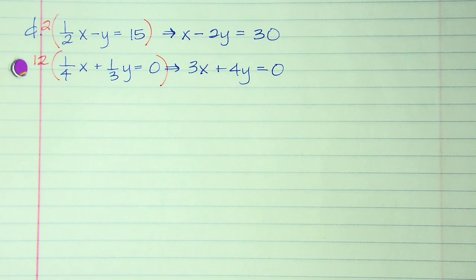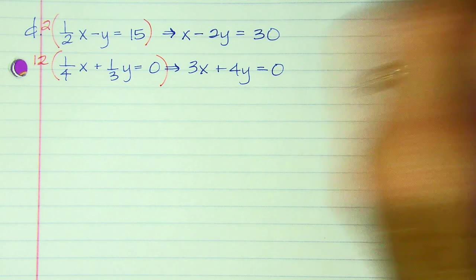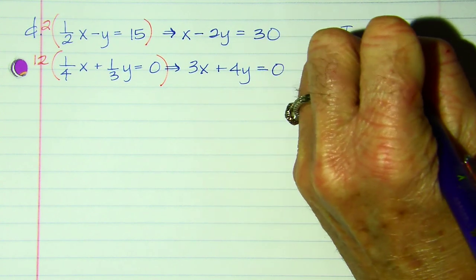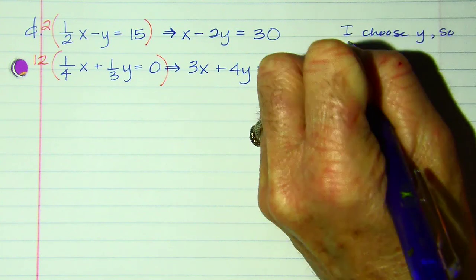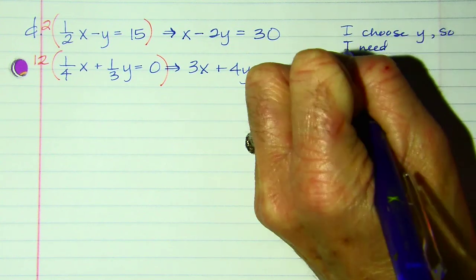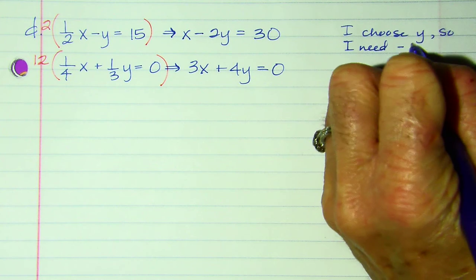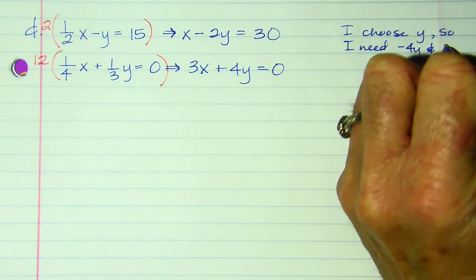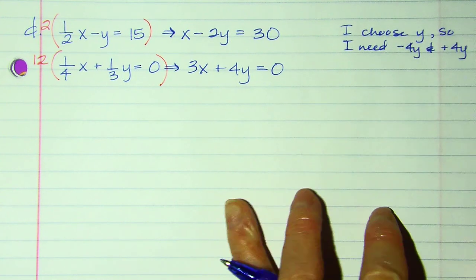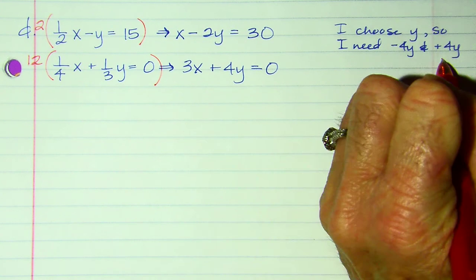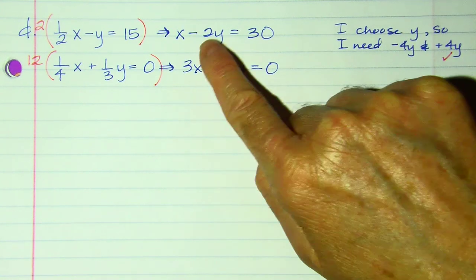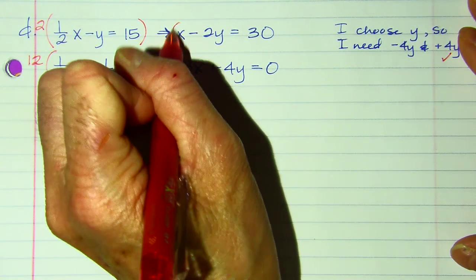All right, so here I'm going to choose y. You can choose x. I choose y. So I need a negative 4y and a positive 4y. If I look at my two equations, I already have a positive 4y. So I need to make negative 2y a negative 4.